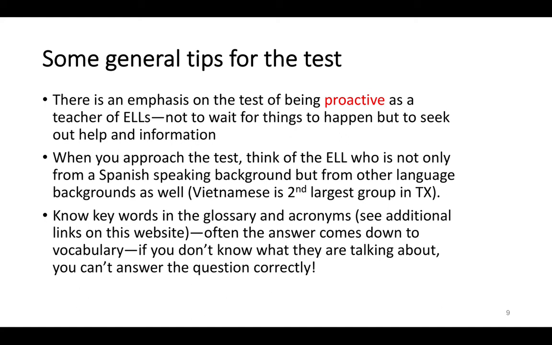Vietnamese is the second largest language group in Texas. There's other major language groups represented in Texas, such as Mandarin Chinese, Urdu, which is a language spoken in Pakistan, Korean, Arabic.